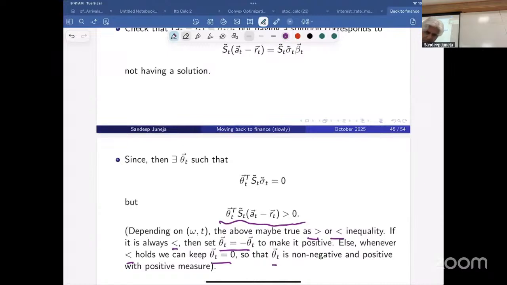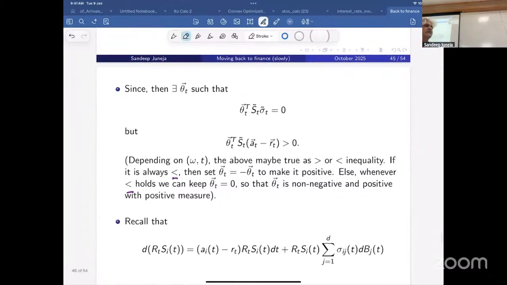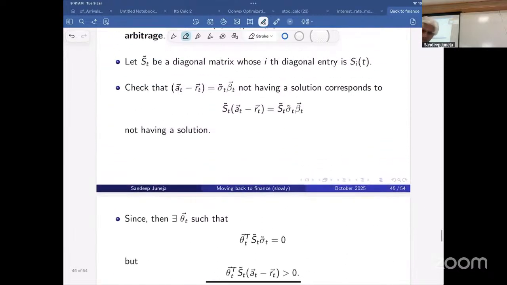Okay, so once I have that, I'll use this theta because I'm getting this theta for every omega and every t. And it's an adapted process because it just depends upon adapted variables. S t, sigma t, everything here is adapted. So this theta t is also adapted.